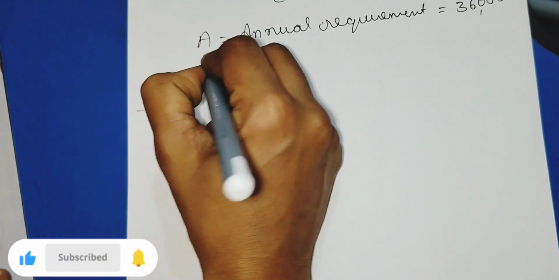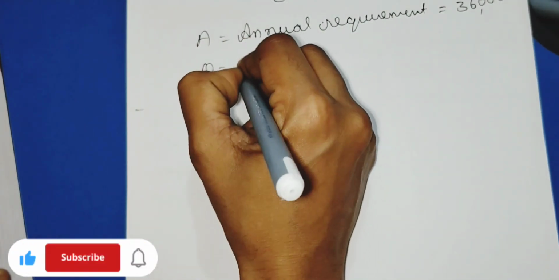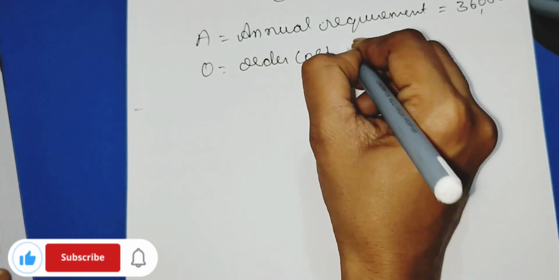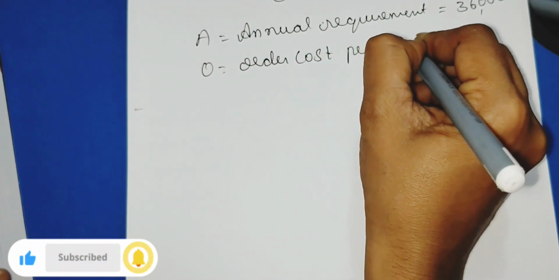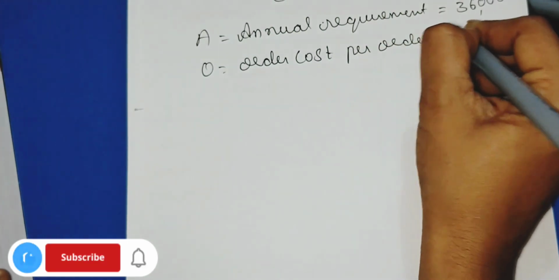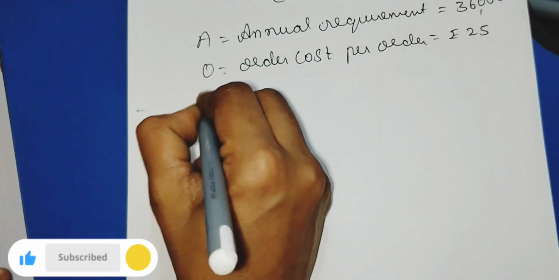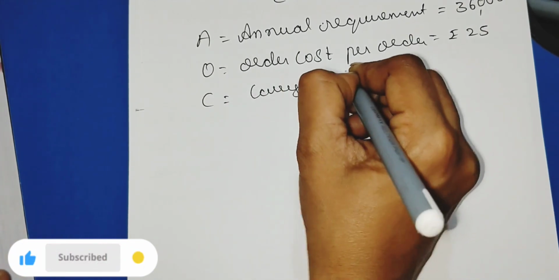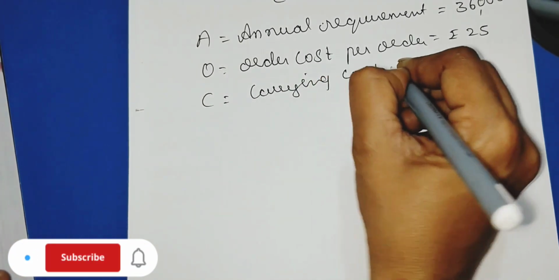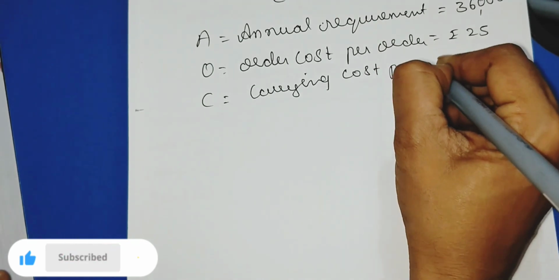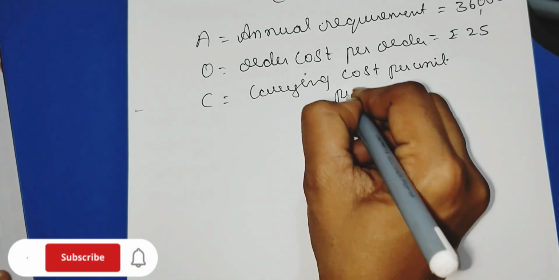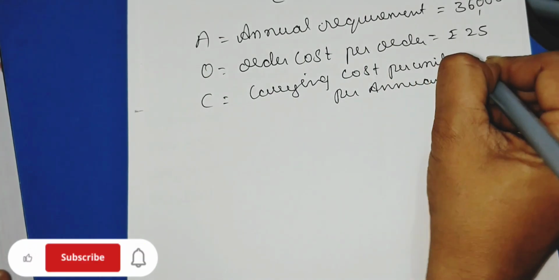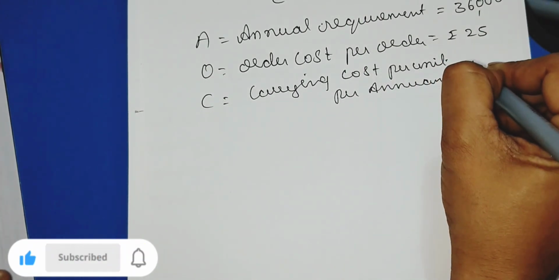And O is ordering cost per order, which is rupees 25. And C is carrying cost per unit per annum.